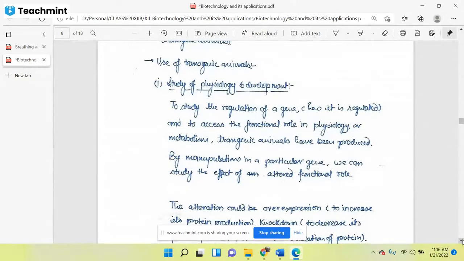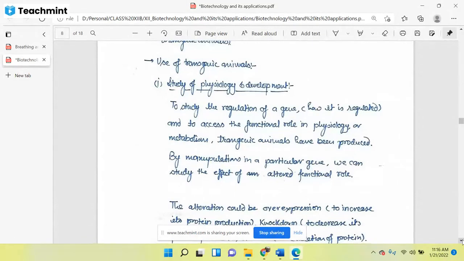Suppose I want to see the role of the insulin gene. What will we do? Either I will overexpress this gene in the transgenic animal, or I will delete it. If I delete this insulin gene in the transgenic animal, then what will happen? That animal will become diabetic.